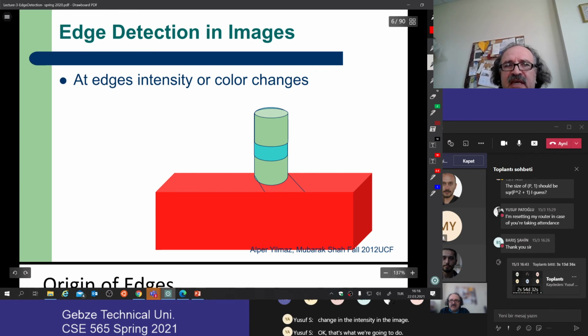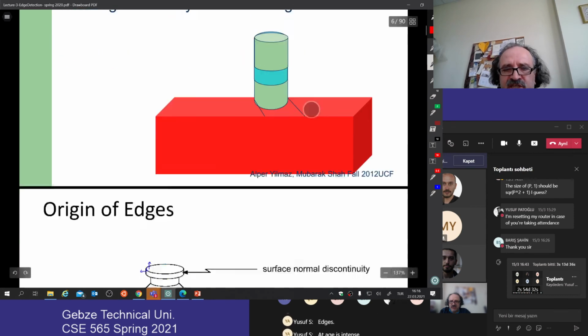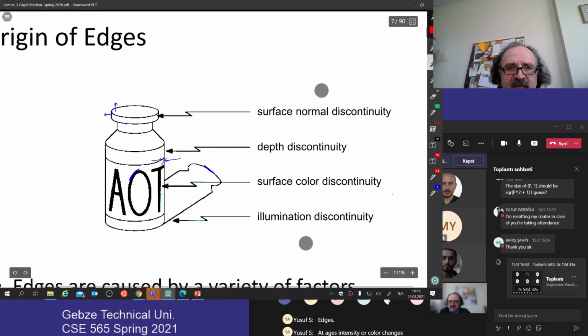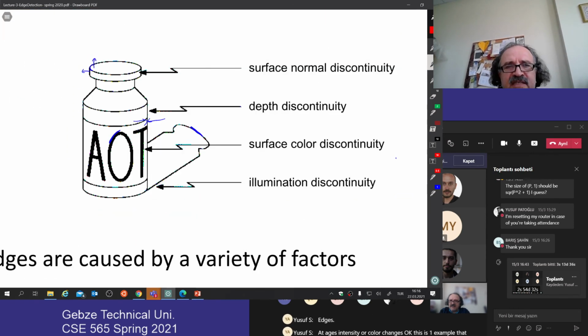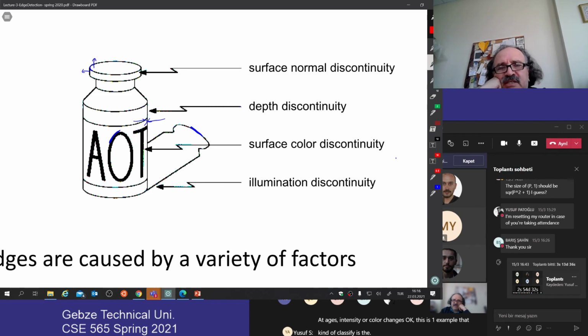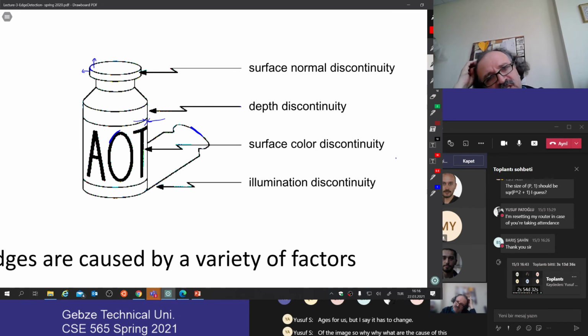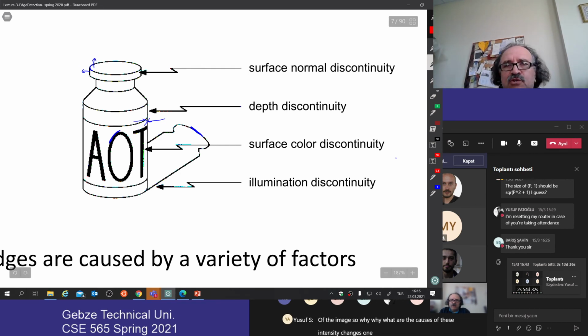At edges, intensity or color changes. This is one example that kind of classifies the edges for us. When I say intensity change of the image, what are the causes of these intensity changes? One would be the surface normal discontinuity.